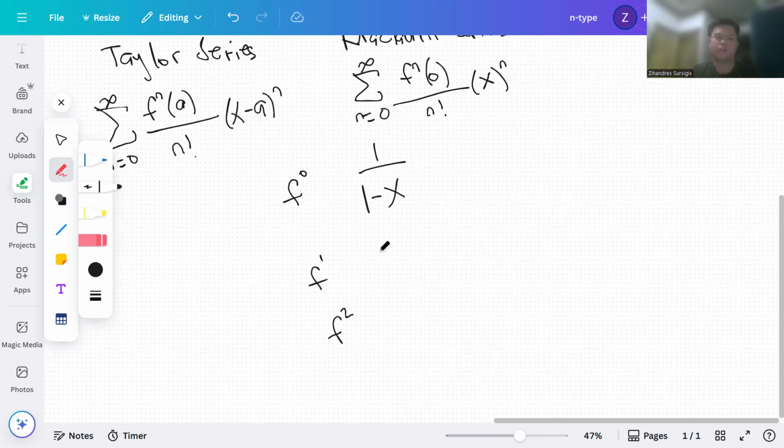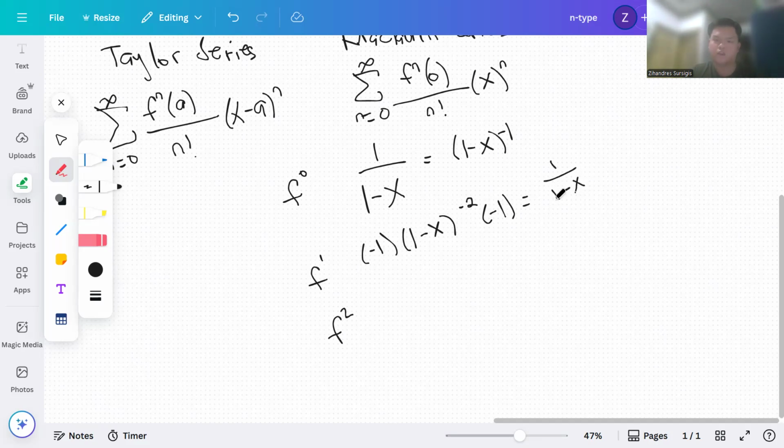Okay, so pwede siyang i-rewrite as 1 minus x raised to negative 1. And then by power rule, this will just become negative 1 times 1 minus x, tapos negative 2 na to. Then chain rule. Therefore, the first derivative of the function is just 1 over 1 minus x squared.